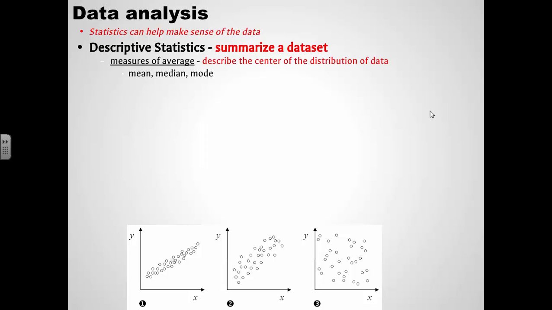They're measures of the average. If I were to measure the height of everyone in the classroom, I could then find the mean of the height, and that would tell us about where the middle of our height is. Some people are taller, some people are shorter, it's the average.